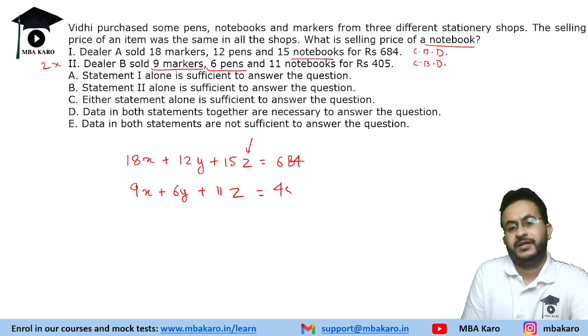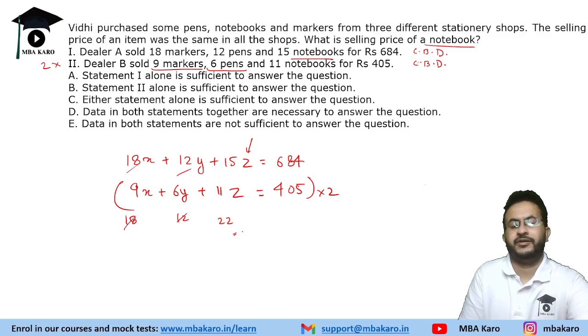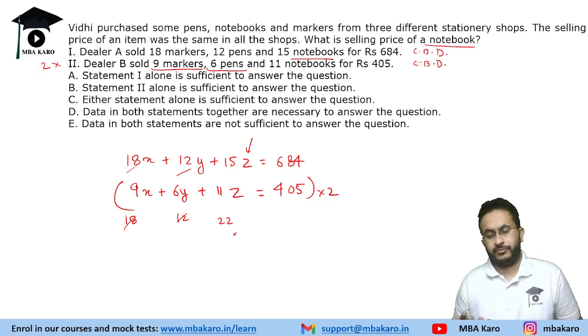If you multiply this equation by 2, it will become 18x, 12y, 22z. Then you can subtract, these will cancel out, and you will get the value of z.